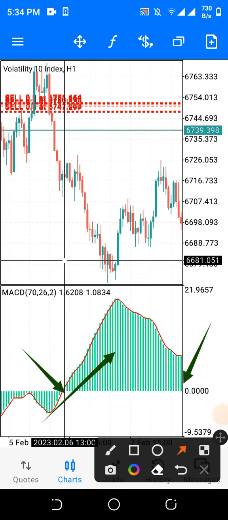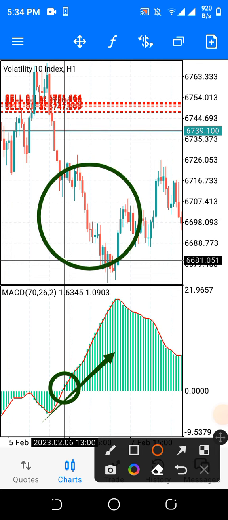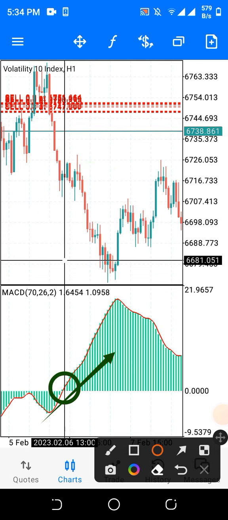When MACD crosses from down upward, the point where the crossing occurs is where you make your entry. If the crossing is from down upward, that is a sell signal.